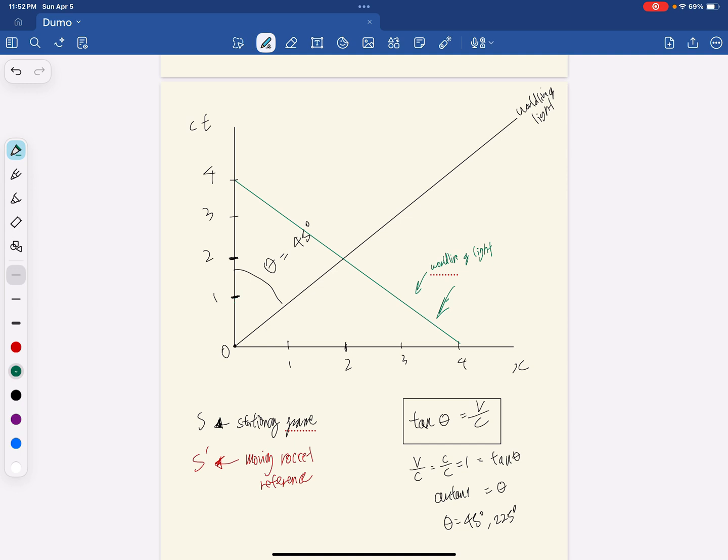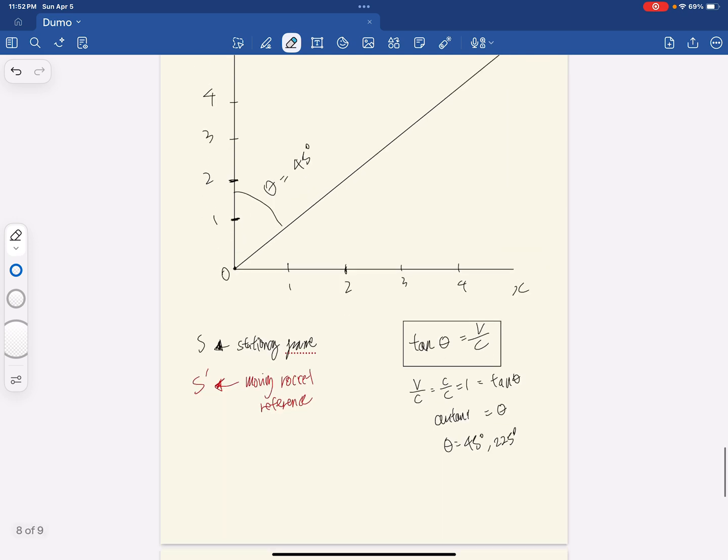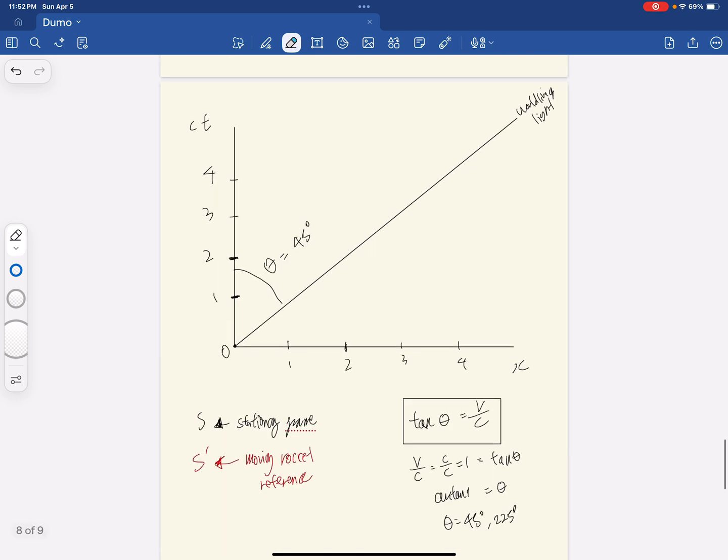So in this video, I'm not really going to be discussing this theta equals 225 world line of light. I'm mainly going to be discussing theta equals 45, but it's very useful to keep in mind there are multiple different world lines of light when you're solving some questions. That's going to come up later. Maybe I'll explain that in some later video too.